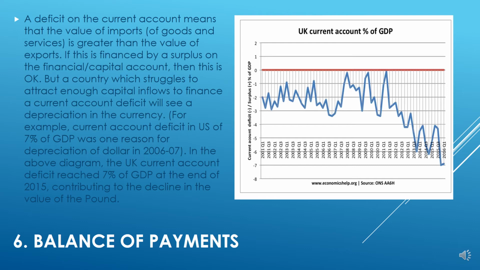So, when you are importing, that means you are spending in other countries, and if your spendings are more than your income, exports bring income, right? So when your imports are greater than the exports, then your balance of payments situation becomes negative and your currency depreciates.